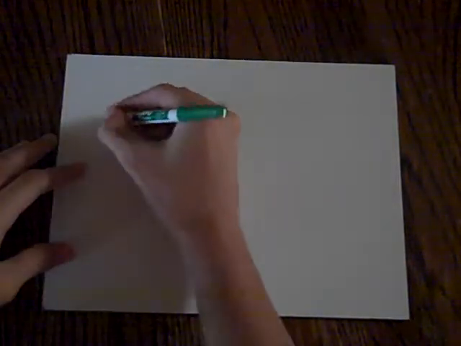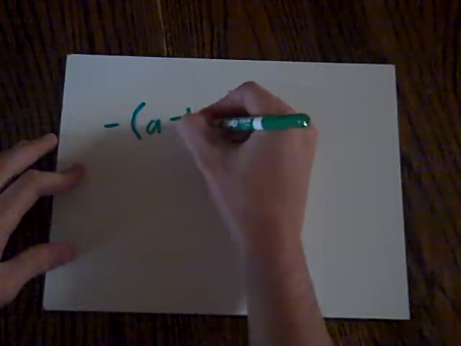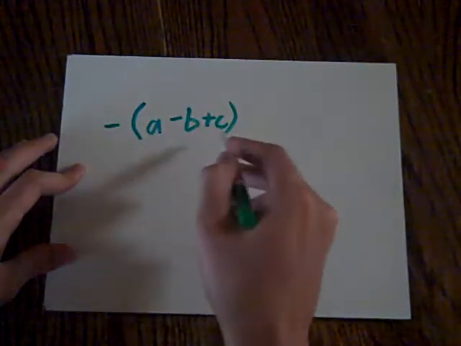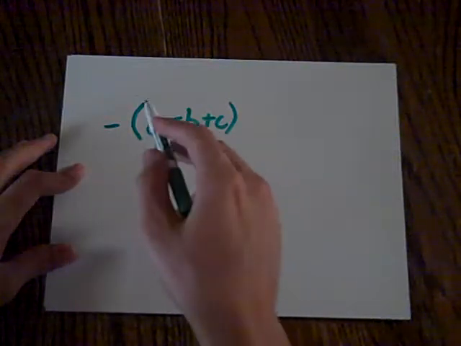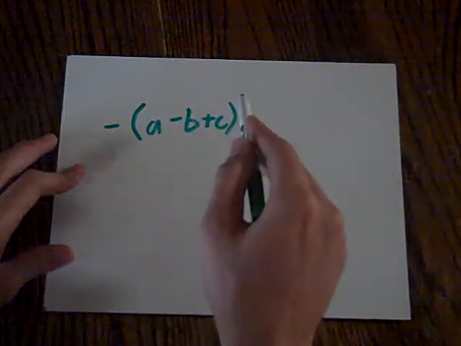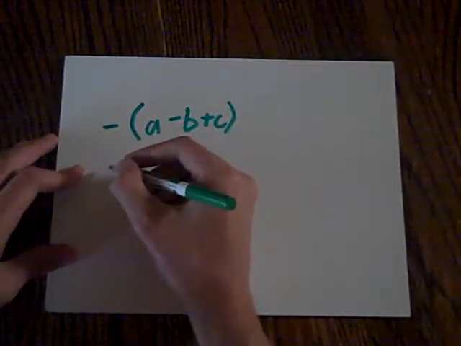Alright, so what if we have a negative sign in front of a bunch of variables and constants in parentheses? What will that do to the variables and constants once we do the distributive property? Well, here's what happens.